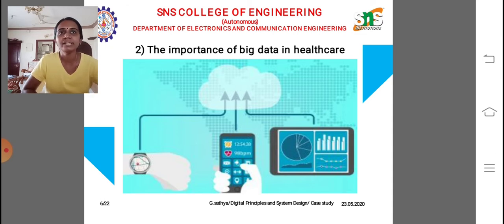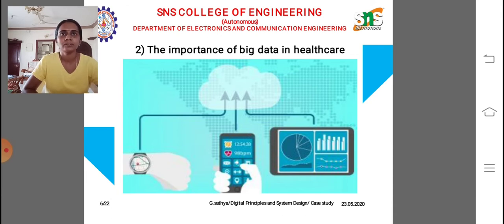Then why is big data important in healthcare? Big data helps patients through improvement in various areas of a healthcare organization. It can analyze huge amounts of clinical data at a very rapid speed and gather key insights to aid patient care. Then how can big data improve healthcare?